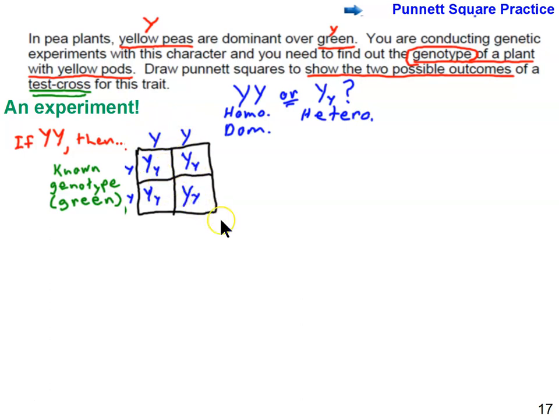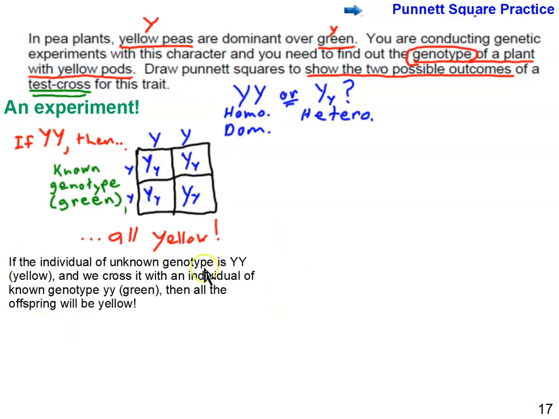All the offspring would be yellow. So all yellow. If we write that out as a hypothesis: if the individual of unknown genotype is homozygous dominant, yellow, and we cross it with an individual of known genotype, homozygous recessive, green, then all the offspring will be yellow. But it's an actual experiment.